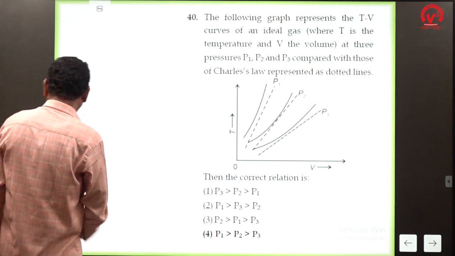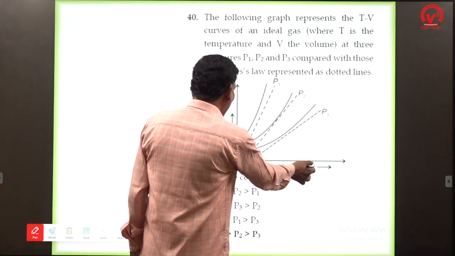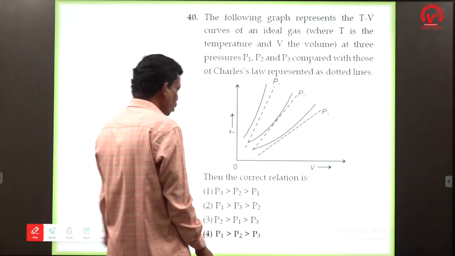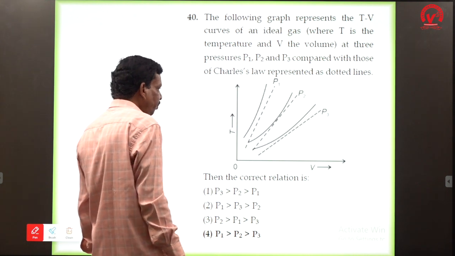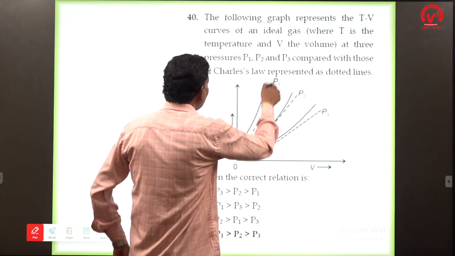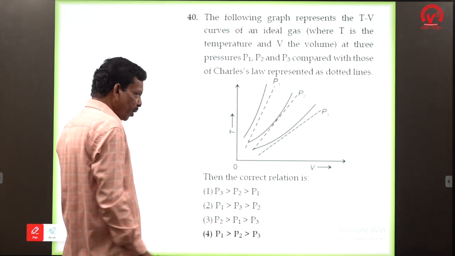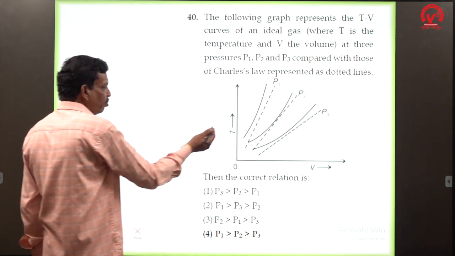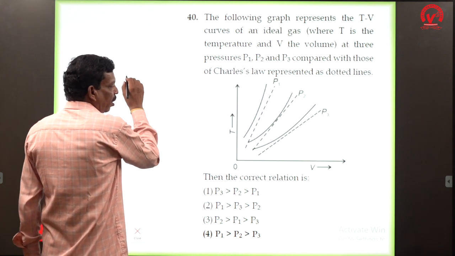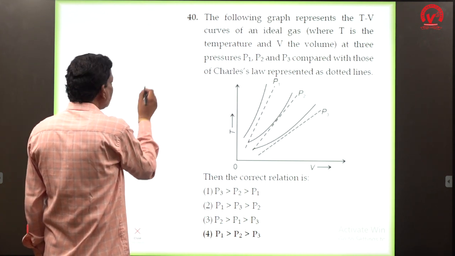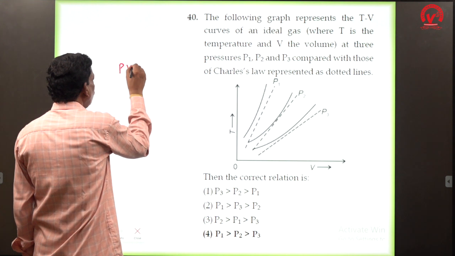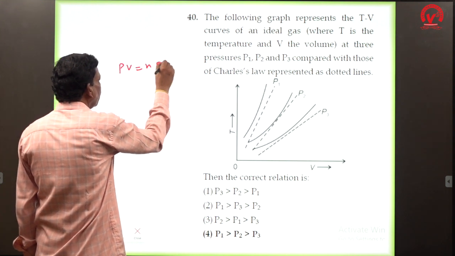Next question. They given time versus volume. See, these dotted lines represent the pressures, that is P1, P2, P3. So we have the gas equation. What is it? PV is equal to nRT.